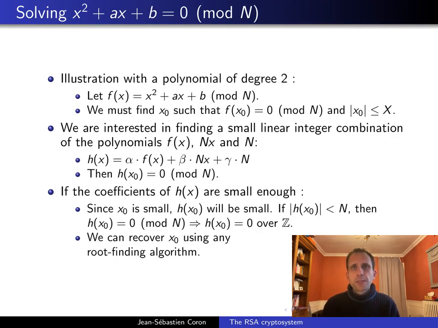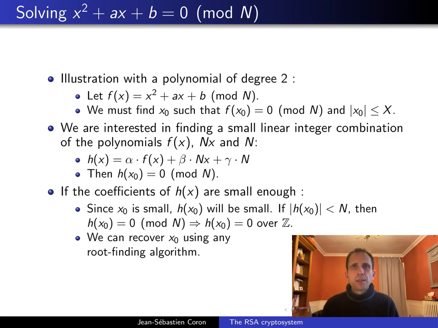So to explain Coppersmith technique, I'm going to illustrate the technique with the simplest possible polynomial. So I take f of x, which is x squared plus ax plus b modulo n, so a polynomial of degree 2. For the coefficient of x squared, I can take 1, because otherwise we can compute the inverse modulo n.